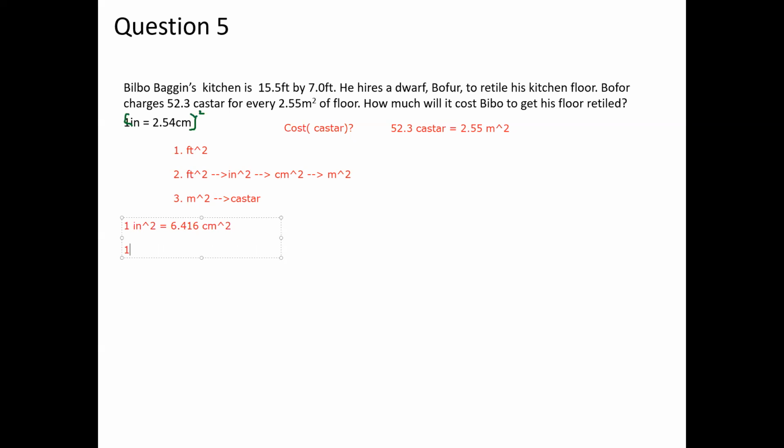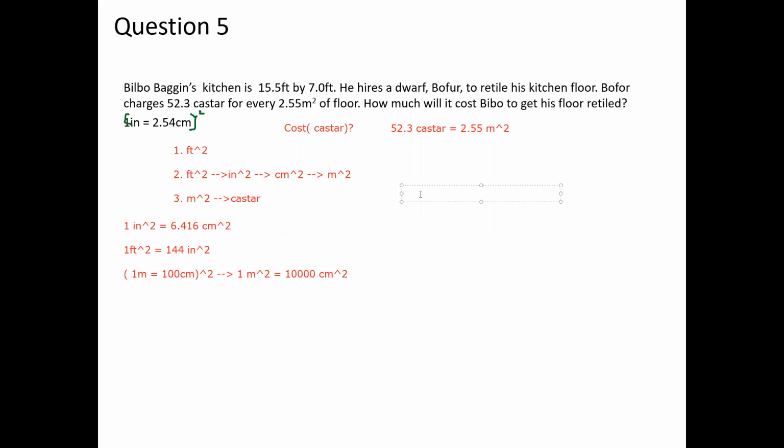So 1 foot is 12 inches. So 1 foot squared is 144 inches squared. And then lastly, we need to know how many centimeters squared in a meter squared. So we know that 1 meter is 100 centimeters. If we square that, we get 1 meter squared is 10,000 centimeters squared. So these are all the conversions we're going to need.